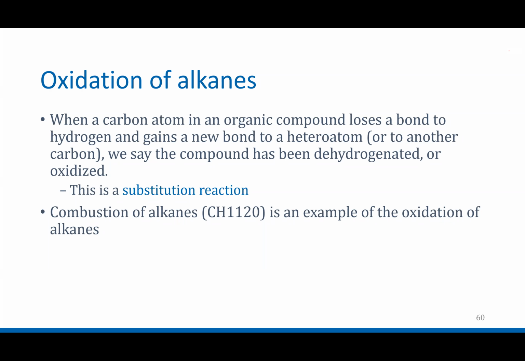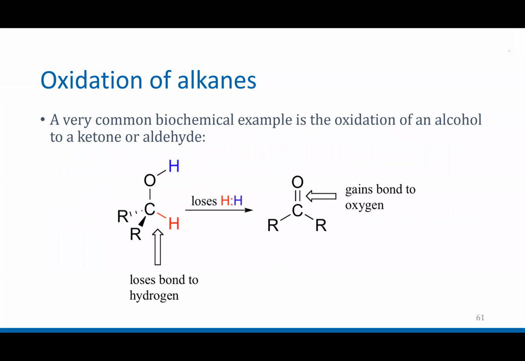Combustion is a really simple example of this, and you learned about combustion in chemistry 1120. Another very common example is the oxidation of an alcohol to a ketone or an aldehyde.